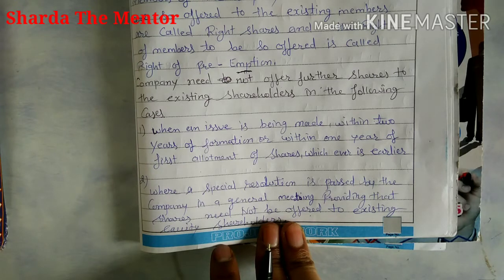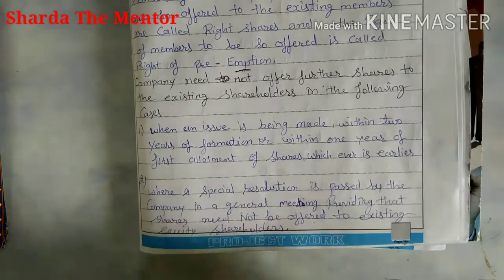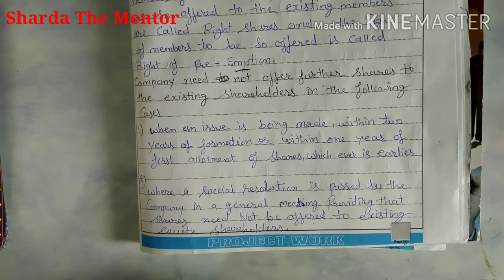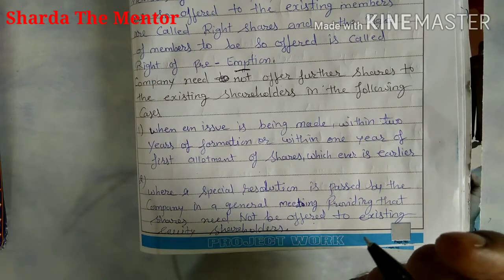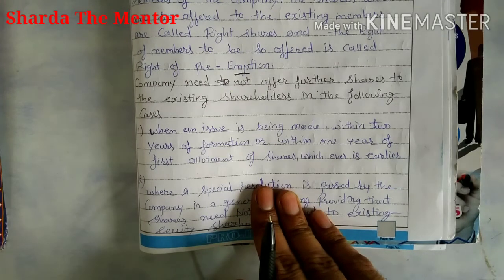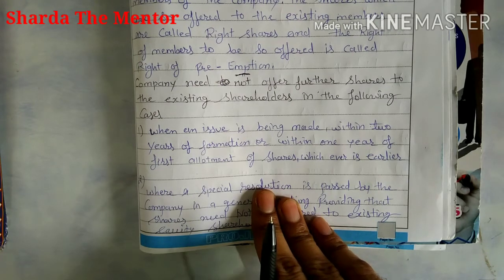So in that case also the company need not issue shares to the existing shareholders. But the central government will give approval only after being satisfied that not issuing shares to the existing shareholders is beneficial for the company. In these four conditions, the company can issue shares without offering them to the existing shareholders.